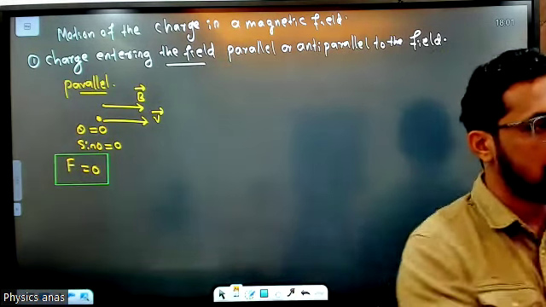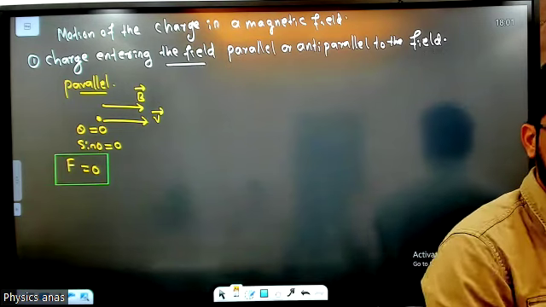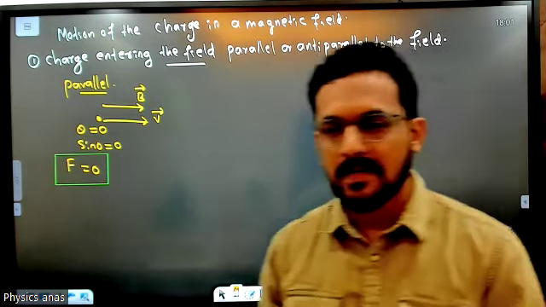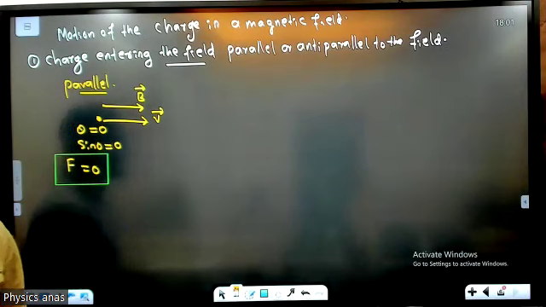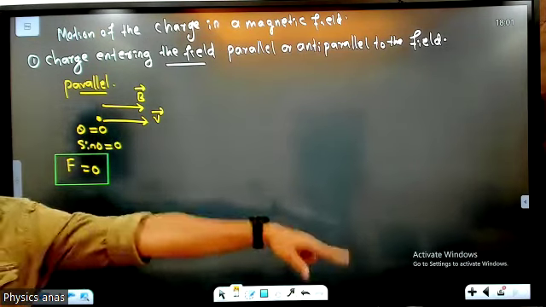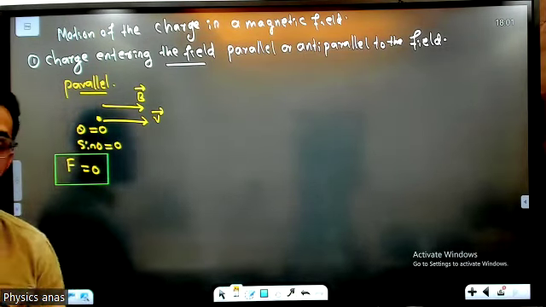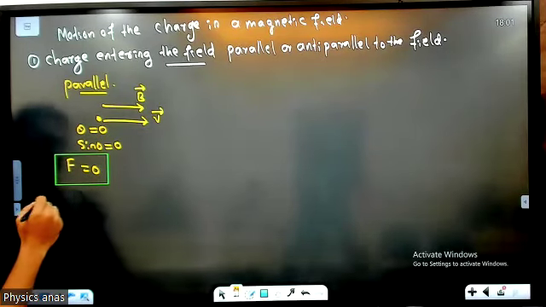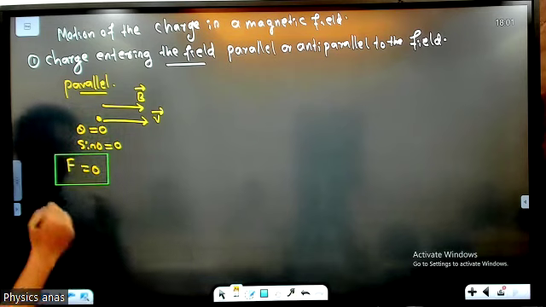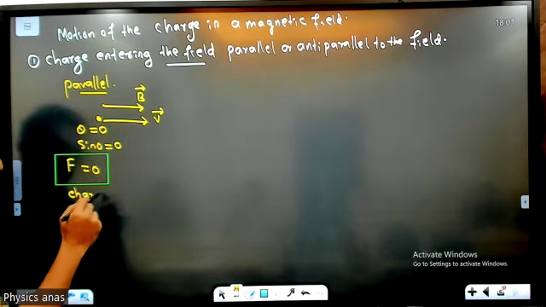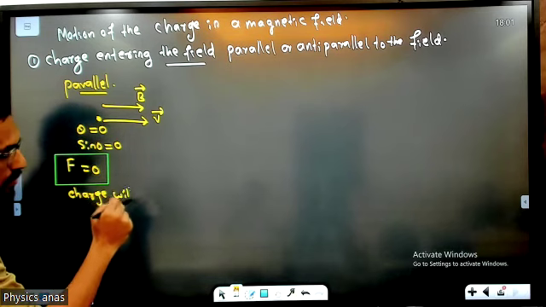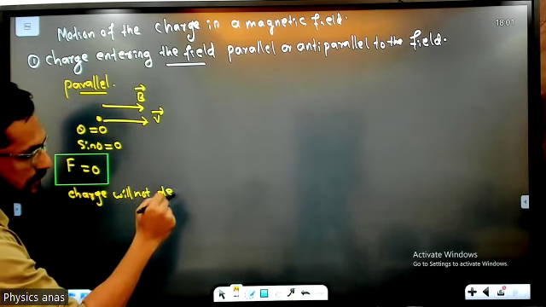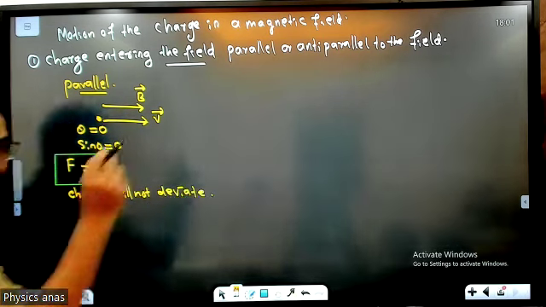The charge will follow its path without deviation. There is no force on the charge, so the charge will not deviate. Did you understand this one?